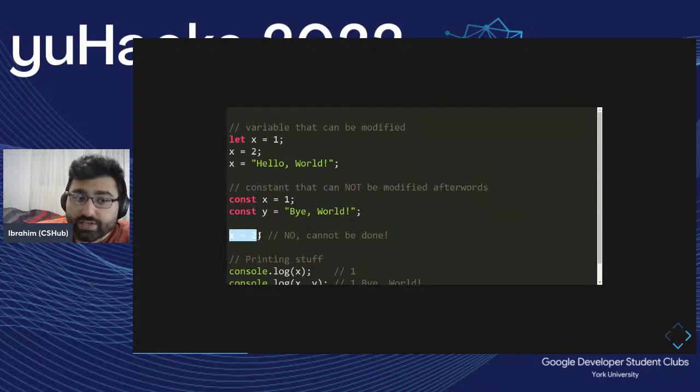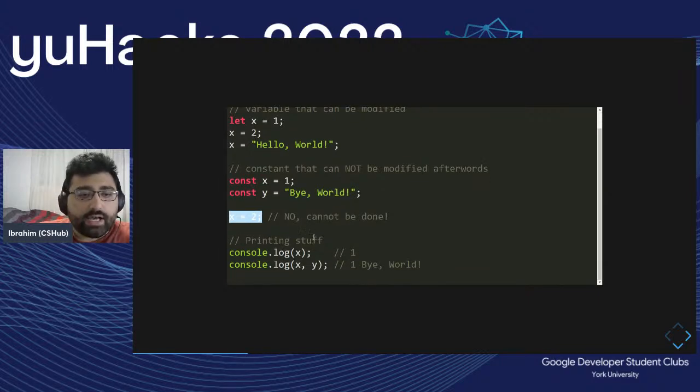You cannot do this: because it's a constant, you cannot modify it again. Additionally, last thing in this slide, we have console.log. This is just a print function, like print in Python or System.out.println in Java. It just prints the variable.